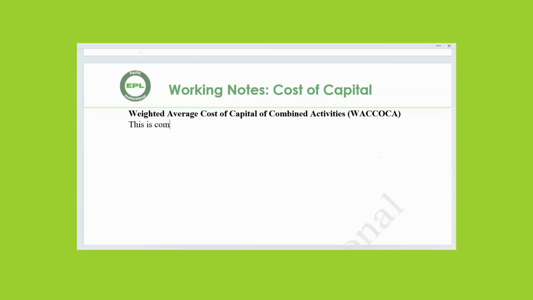This is computed when a company is engaged in several different business activities.